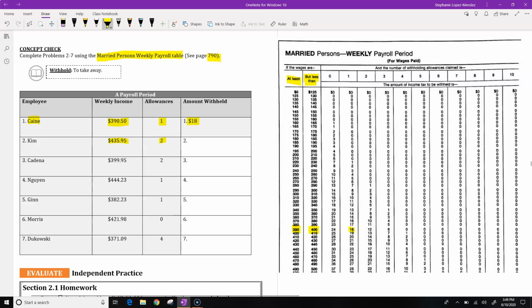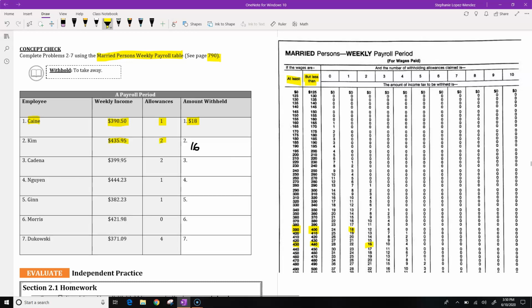So at least 430, because that's less than 435, and but less than 440, right? Because 435 is right in the middle of both numbers. So I now have 2 allowances. It can't be 0, it can't be 1, it has to be 2. The number here is 16. So my answer as the amount withheld for Kim is going to be $16.